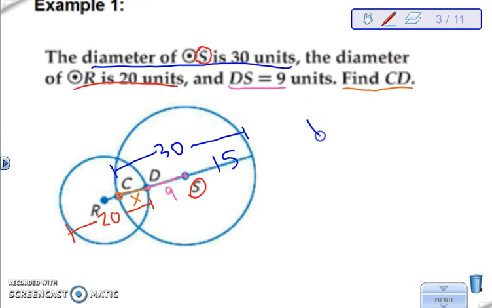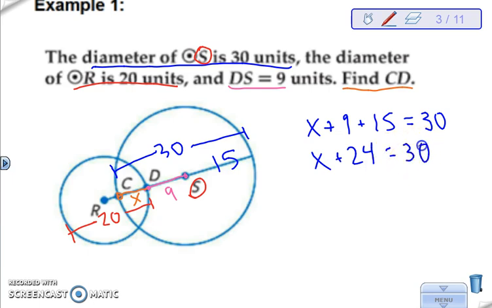So if I take the missing portion, add it to the 9 and the 15, I should get 30. And so now I can solve and find the missing part. And there we go.